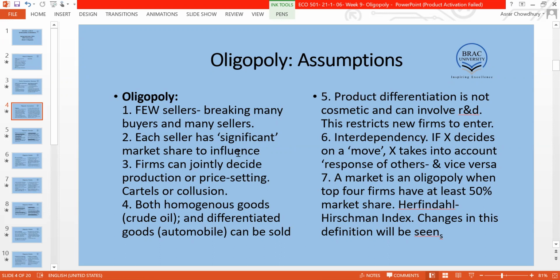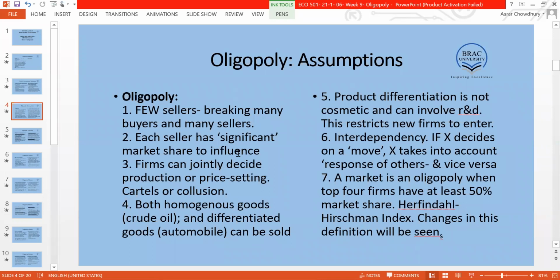Up until now, what we said is that if there are four producers in the market and each has 25% of the total market share, it is highly competitive, right? But when one firm has 25% of the market share, and another has 25%, these two can jointly decide what to do.